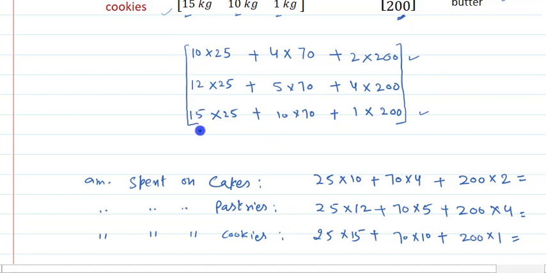Now by putting this calculation in matrix symbol and calculating these values, we are getting the result as 930, 1450 and 1275, and this is the new matrix that we obtained after multiplying these. What does it mean? It means rupees 930 is the cost for preparing cakes, rupees 1450 is the cost for preparing pastries, and rupees 1275 is the cost for preparing cookies.